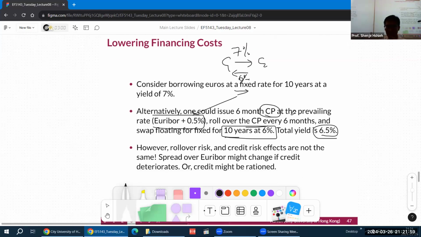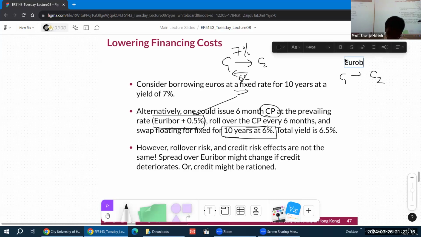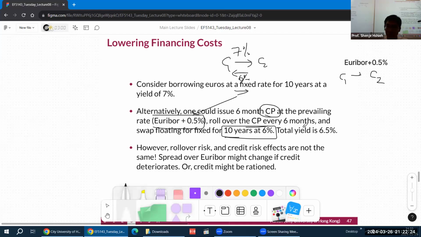Okay, but the problem with this, let me write this down. Oh, sorry. So C1 gives to C2 Euribor plus 0.5%. And then C1, with the same counterparty, right?